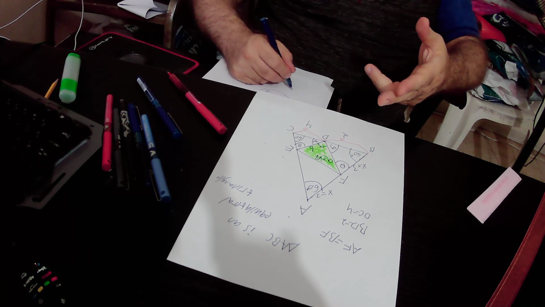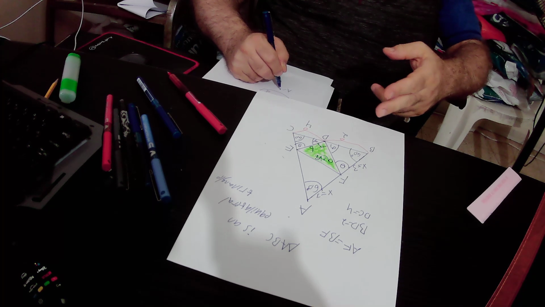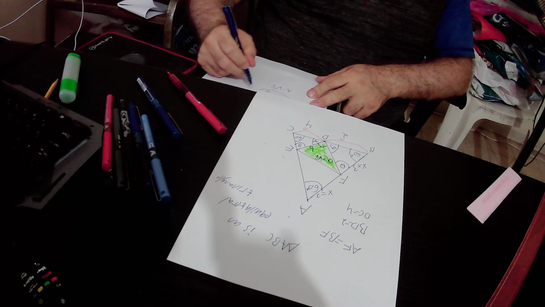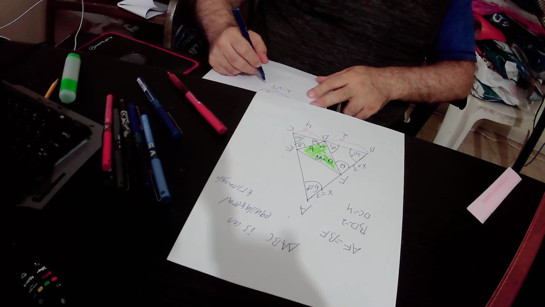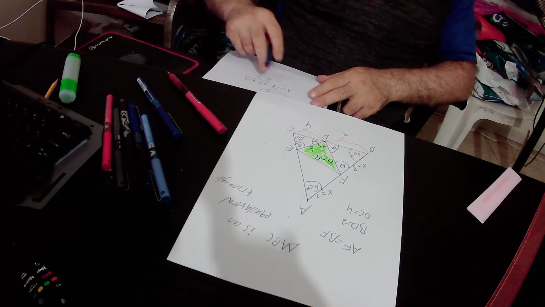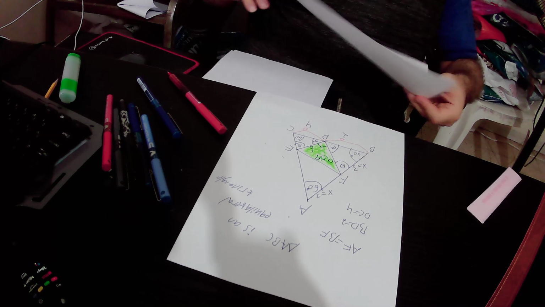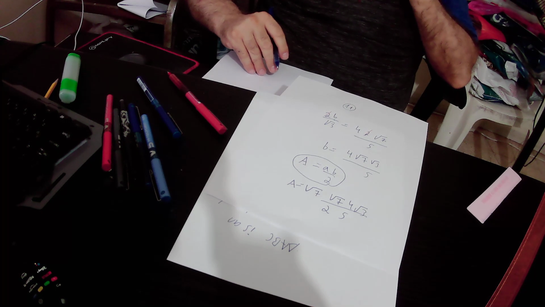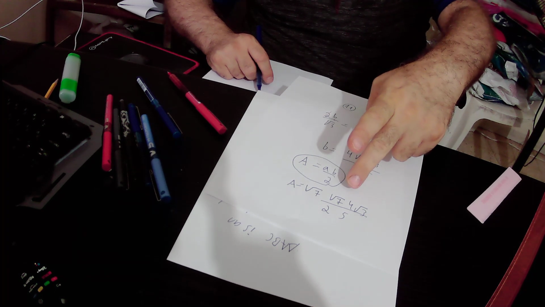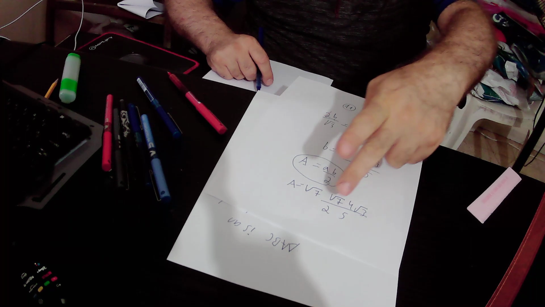But we know that a equals the root of 7, while b equals the root of 7 times 4 times the root of 3 over 5, and all we divide by 2. So the area of the triangle equals root of 7 times root of 7, which is 7, and 4 over 2 is 2.